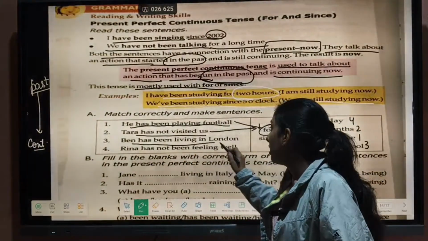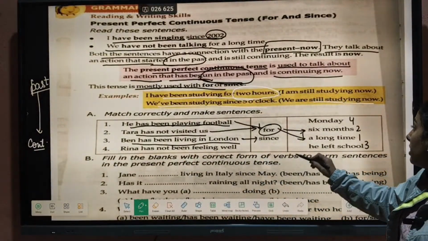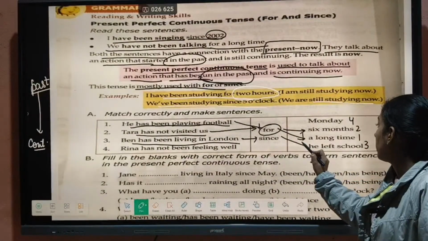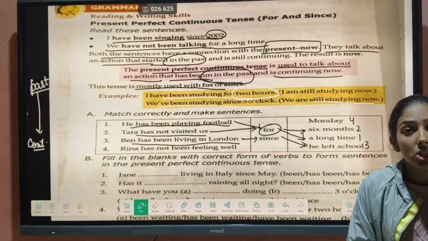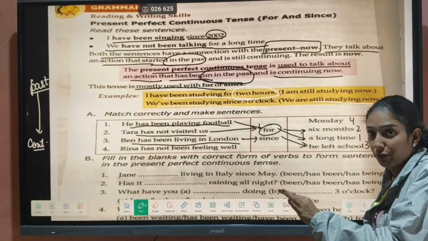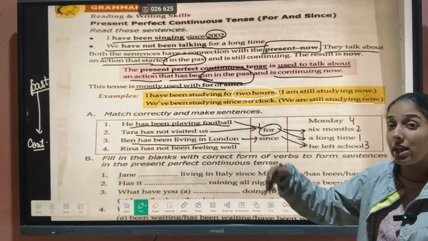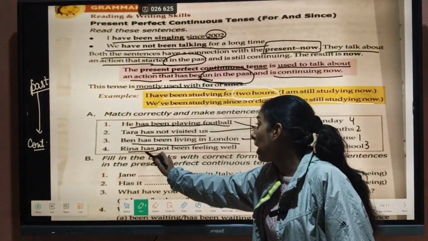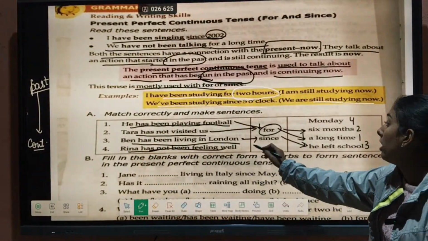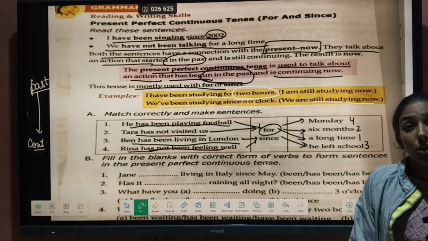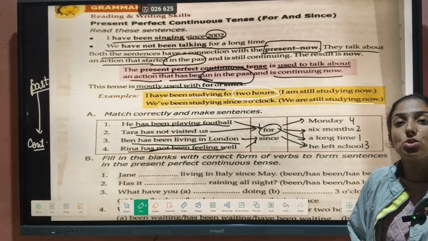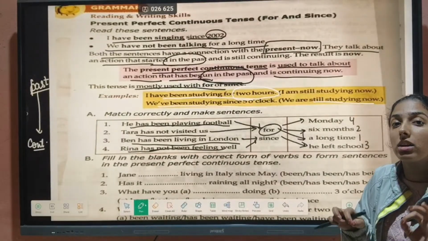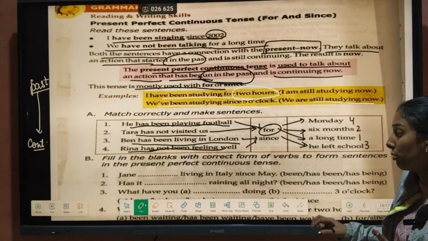Ben has been living in London since he left his school. Since he left his school, he has been living in London. Reena has not been feeling well since Monday. Since Monday, she is not feeling well. It means that now also she is not feeling well. Yeah?